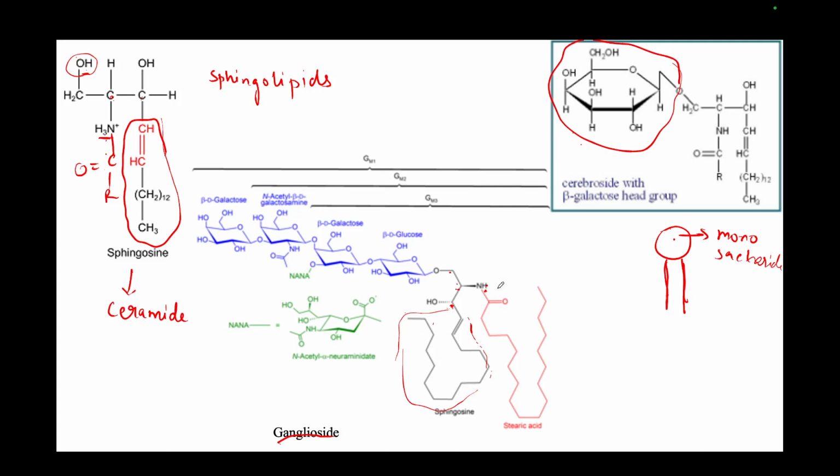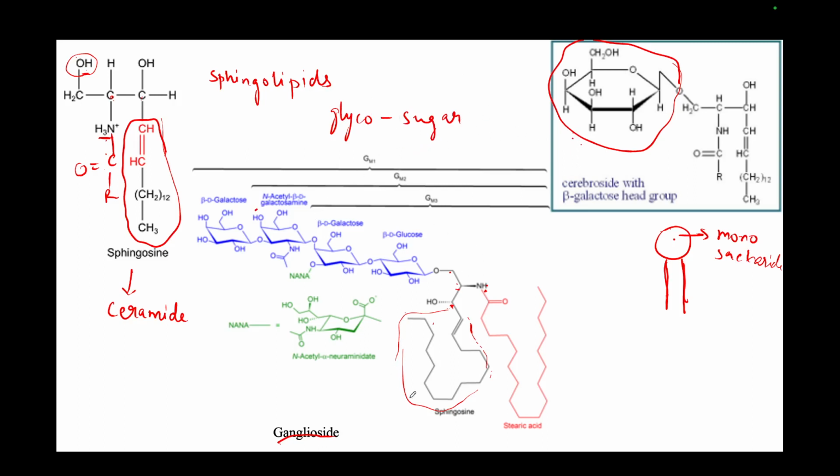Ganglioside and cerebroside are both called glycosphingolipids. The term glyco means sugar. Since both have sugar as the polar head group, they are called glycosphingolipids. Both of them are sphingolipids.